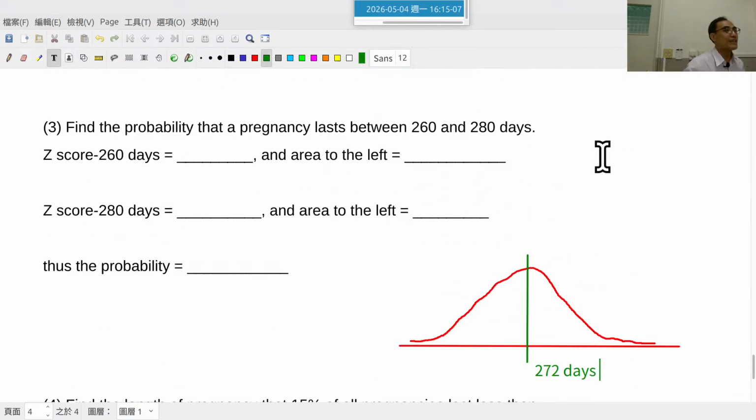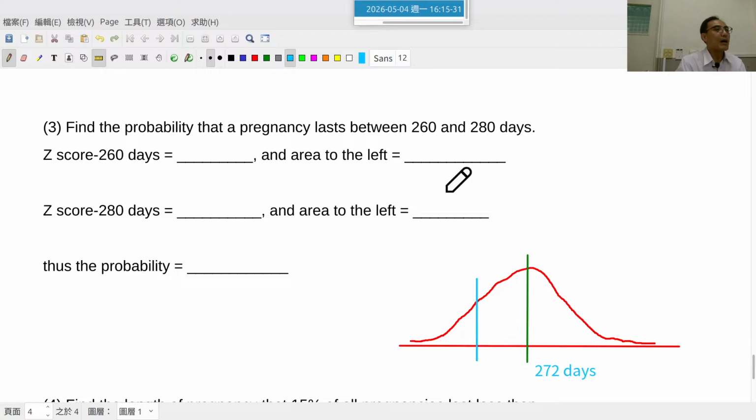And my next question, 260: should it be on the left side or the right side of the center? 260 is smaller than 272, so we expect 260 around here.